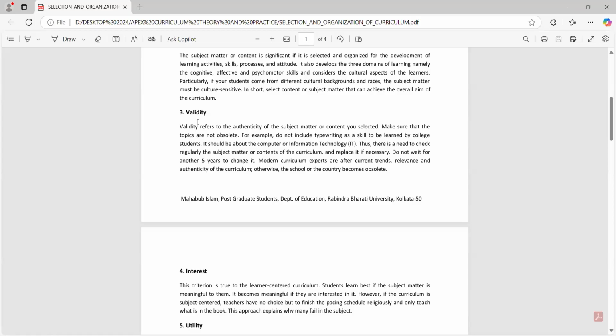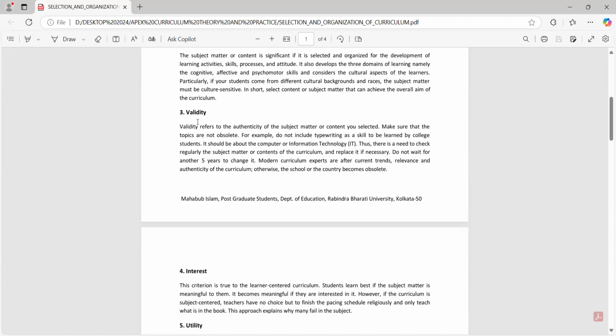So if you take validity of the subject matter you select, you have to make sure that it is authentic. What is meant by authentic? It is actually real life, right? Authenticity means real life situations. So the subject matter that you select is applicable to real life.